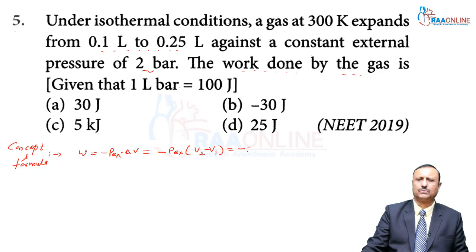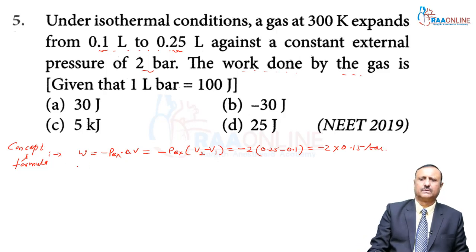So you can put 2 into V2 minus V1, where 0.1 is the initial V1 and V2 is 0.25. So you can put 0.25 minus 0.1, then you get minus 2 into 0.15 bar. So W is equal to minus 0.30, and this is in bar, my dear students.